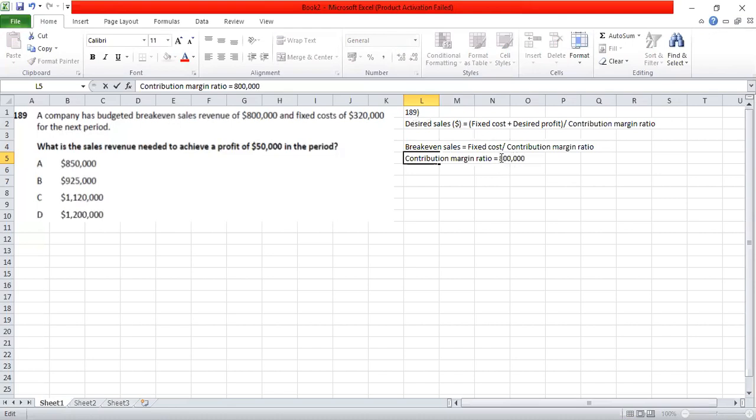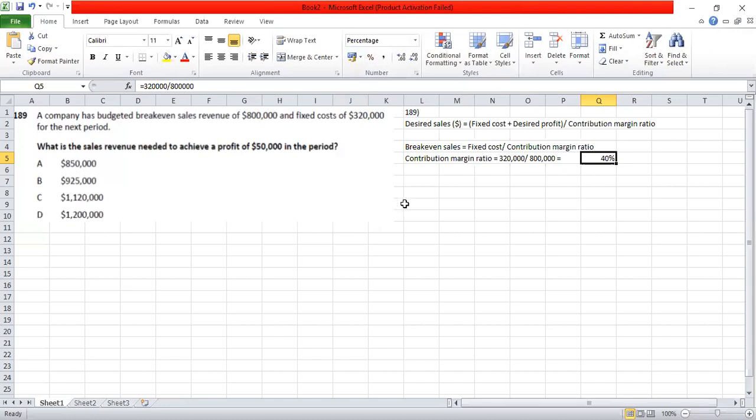Fixed cost is 320,000. 320,000 divided by 800,000. Check that. How much is it? So that's 40%, 0.4 or 40%.